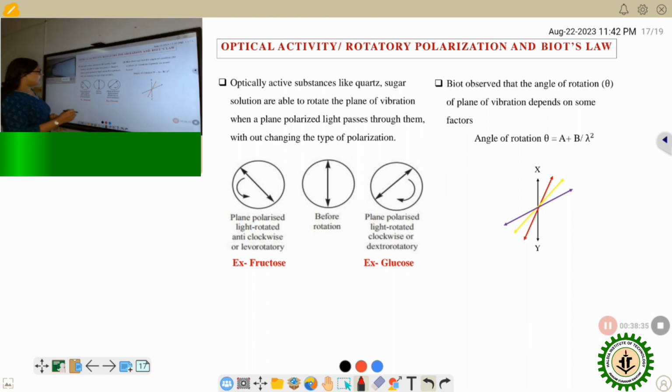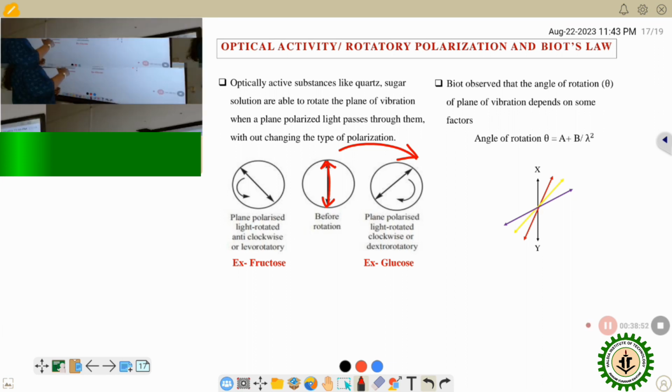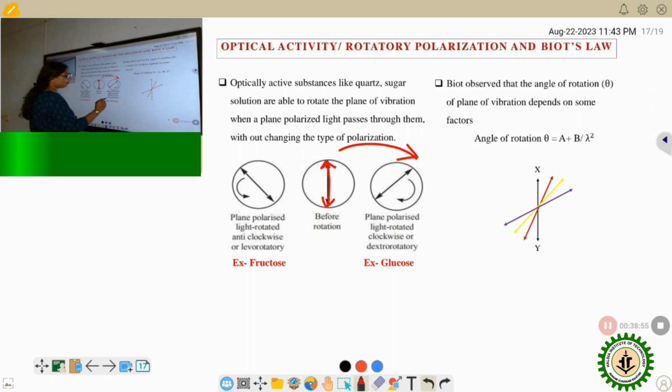So they can change the vibration direction. If some substance rotates the electric field clockwise, or in the right direction, they are called dextrorotatory substances. An example is glucose.